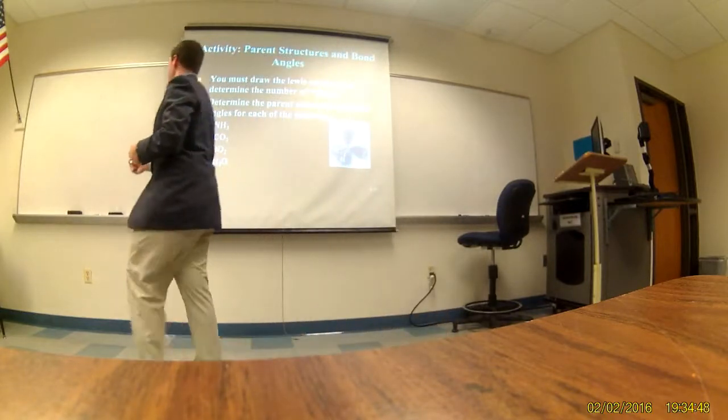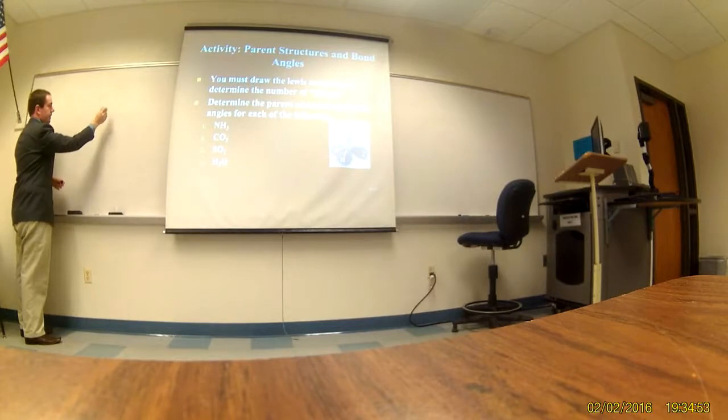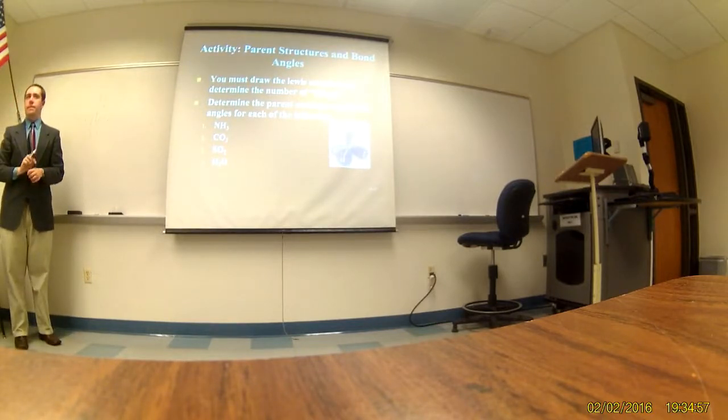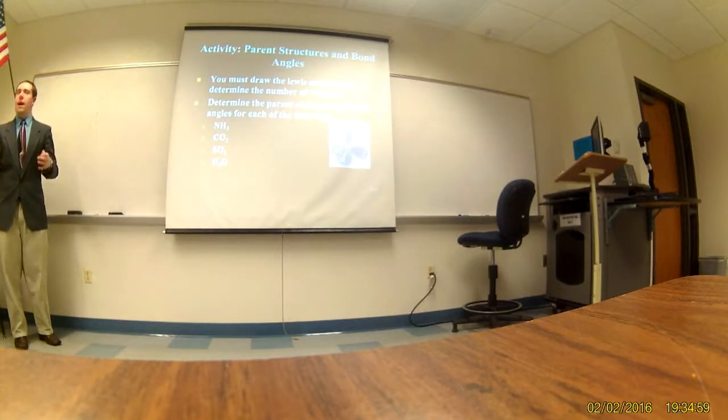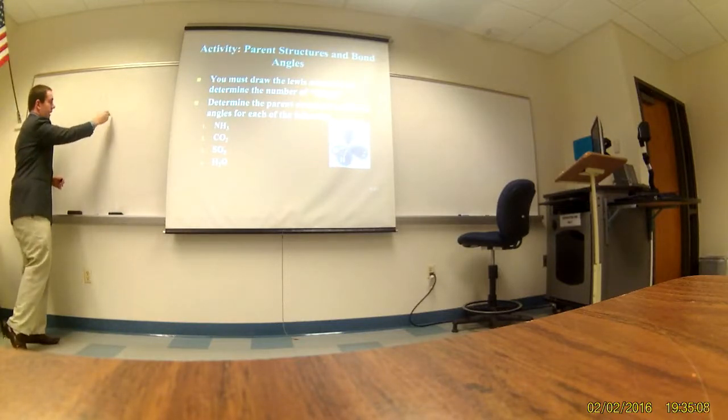How many electrons do I have? 8. 1, 2, 3, 4, 5, 6, 7, 8. Am I done? Yes. How many things are on that nitrogen? 4. 3 single bonds and a lone pair.